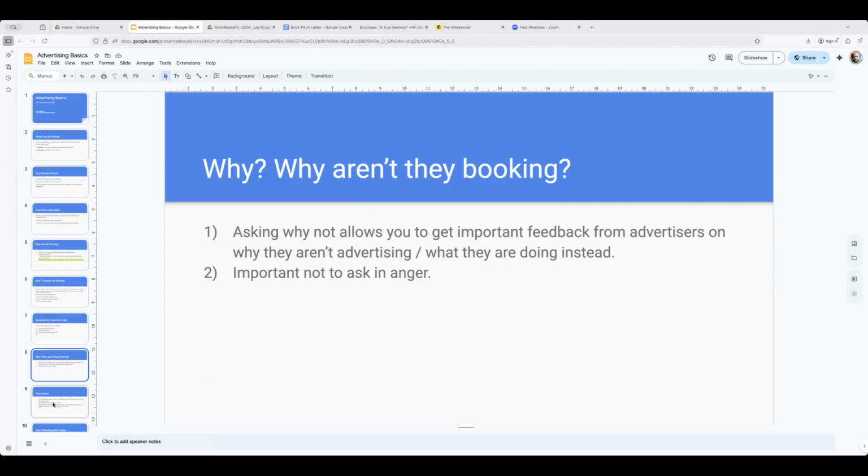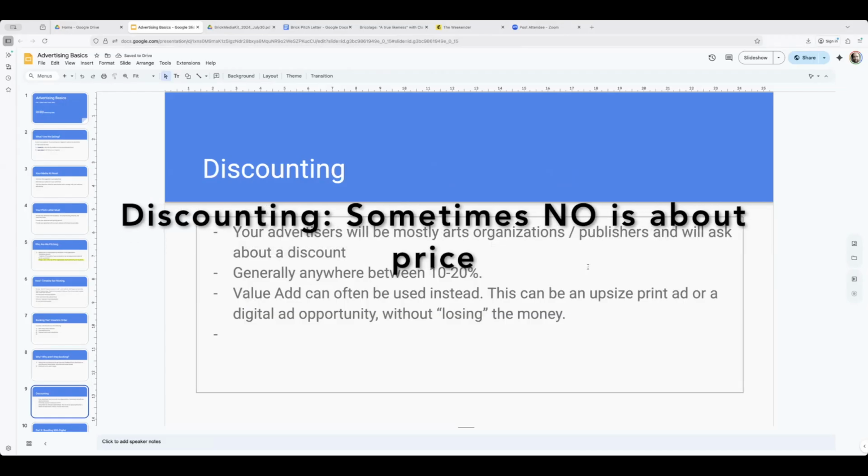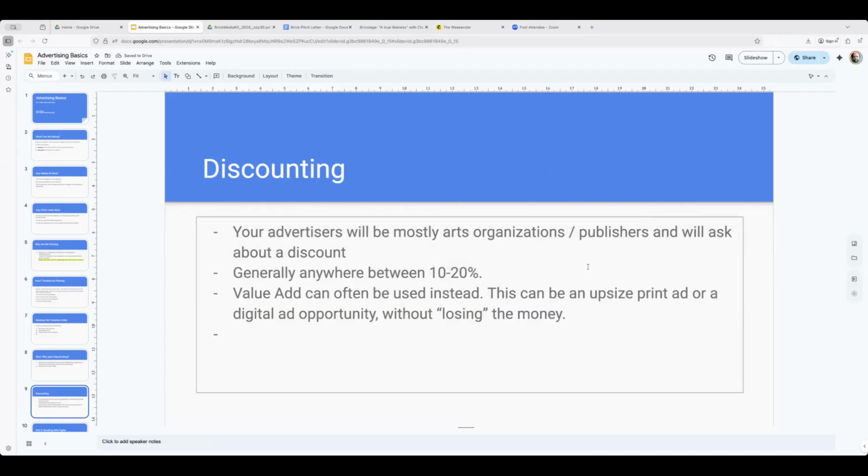Sometimes it is price, and we'll touch briefly on discounting. We'll talk more about this in the next session when we get into bundling. But it's important to note, whether it's the current state of the economy or anything else going on in the world, particularly for small literary magazines, most of your advertisers are going to be nonprofit arts organizations or book publishers, and they will ask for some kind of a discount.